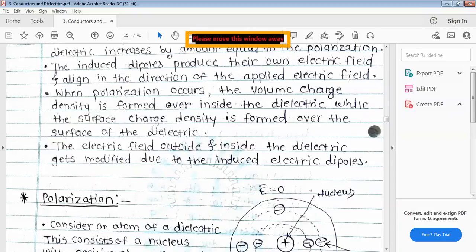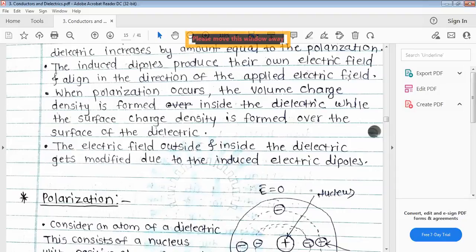Okay, and when polarization occurs, the volume charge density is formed inside the dielectric, while the surface charge density is formed over the surface of the dielectric. When this movement occurs, or when the separation of the charges occurs, the volume charge density is formed.